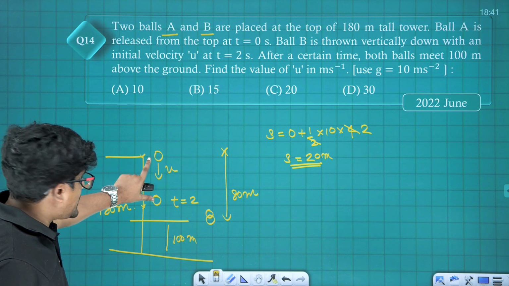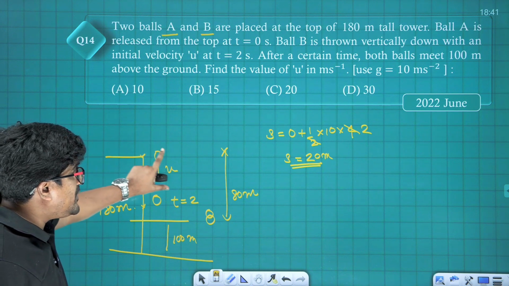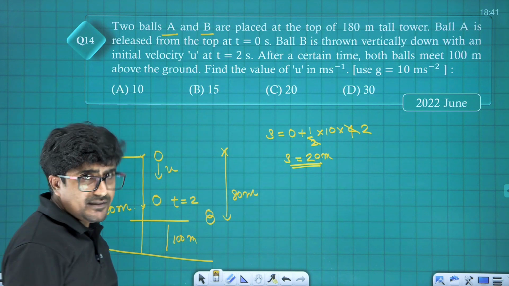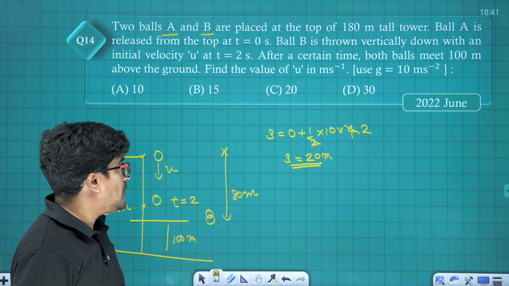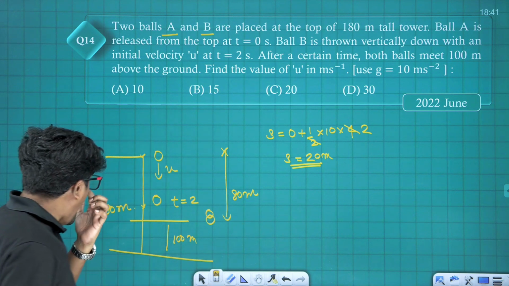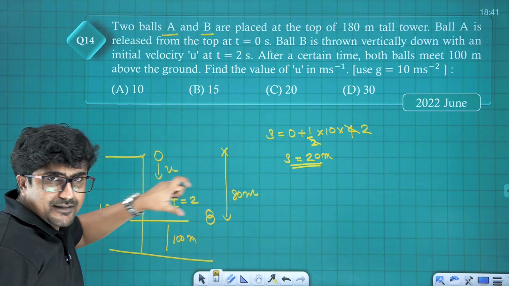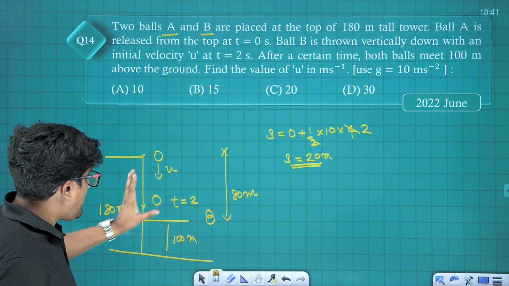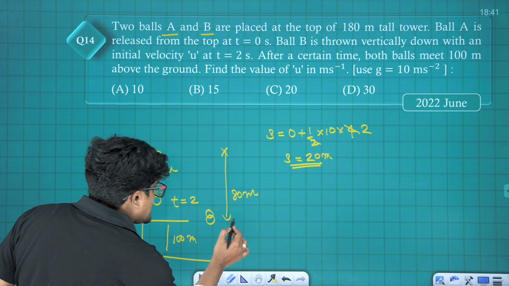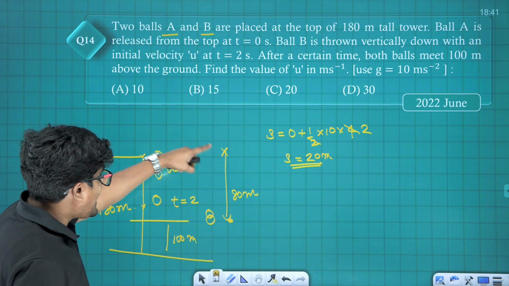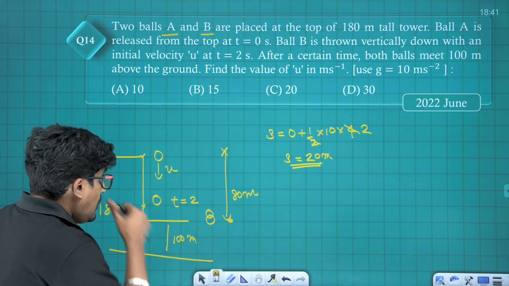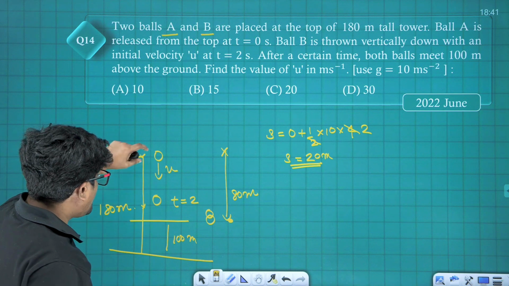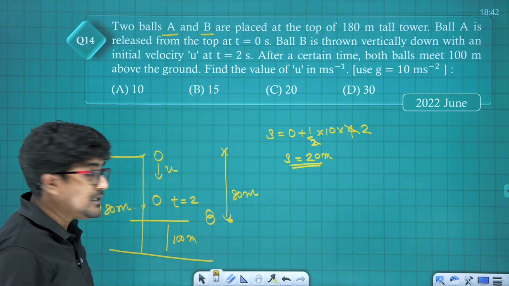So the relative separation between these two balls is 20 meters. And that 20 meter distance is going to be covered by this particular ball, once it reaches here. Now that height is 80 meter.